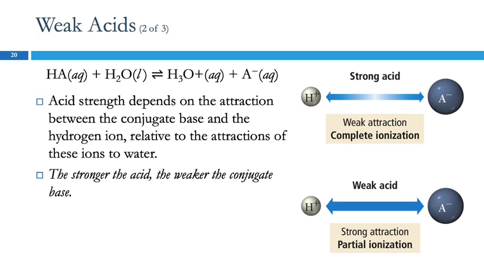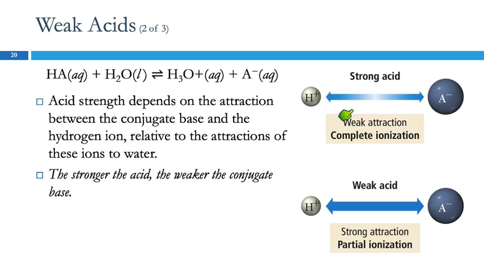So the acid strength depends on the attraction between the conjugate base and the hydrogen ion. So with a strong acid, the hydrogen ion and the conjugate base are attracted to each other, but weakly, very weakly. It's a weak attraction.